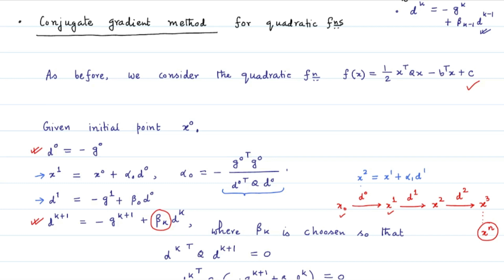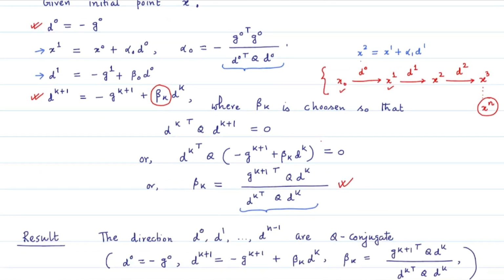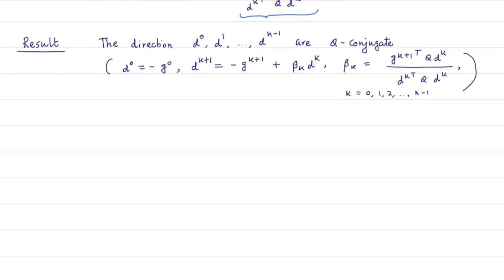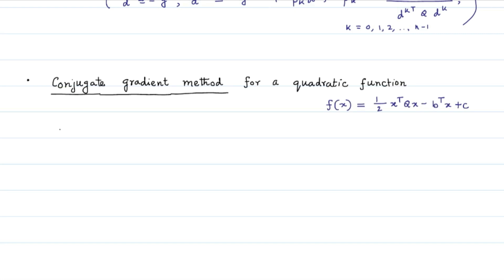We now neatly write out this process, which is the algorithm of the conjugate gradient method. Neatly, the conjugate gradient algorithm for quadratic functions is as follows. Given an initial point, say x naught, define the current direction d naught as the negative gradient at the point x naught.